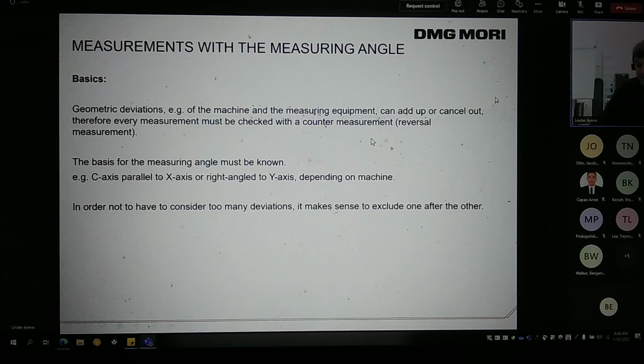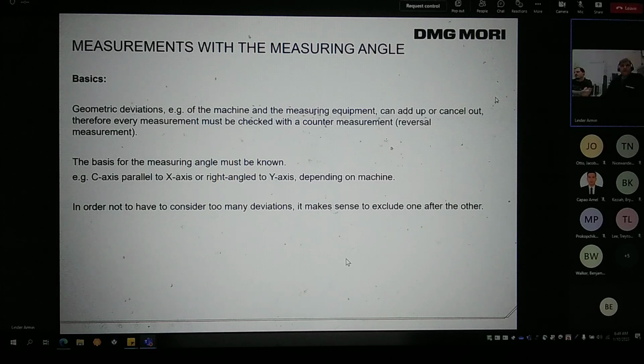Sometimes it depends on the machines, and also sometimes we have to look where is our 0 point or the machine 0 point of the machines. There I will show you later on also some machines that can have a different machine 0 point.